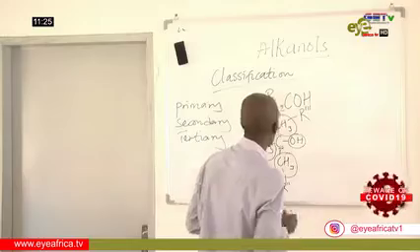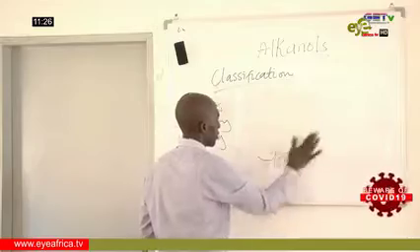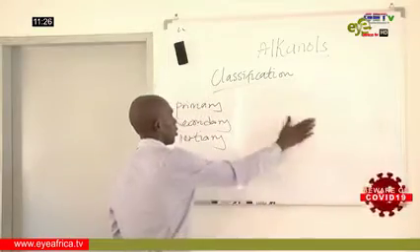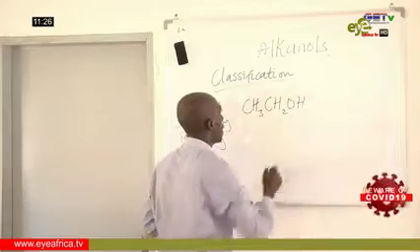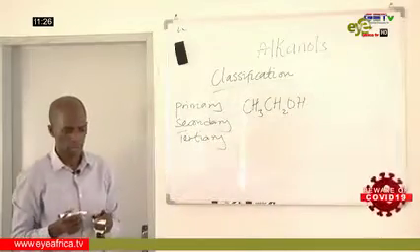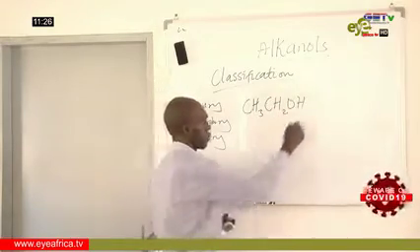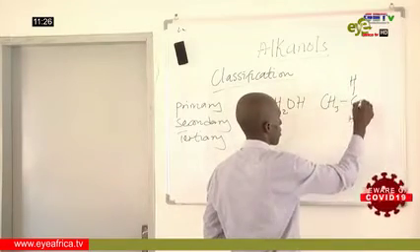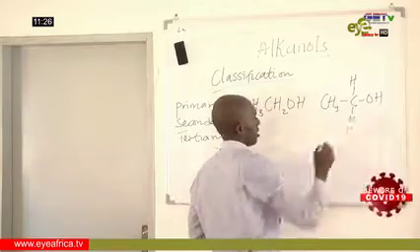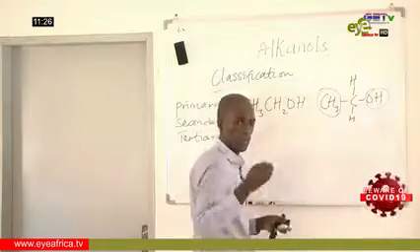When we look at the first example, that is primary alcohols, we'll observe that the carbon that bears the functional group has 2 hydrogens attached to it. So this has 2 hydrogens bonded to the carbon that bears the functional group. This carbon here is the carbon to which the functional group is attached. So it has an alkyl group, which we use to classify them.